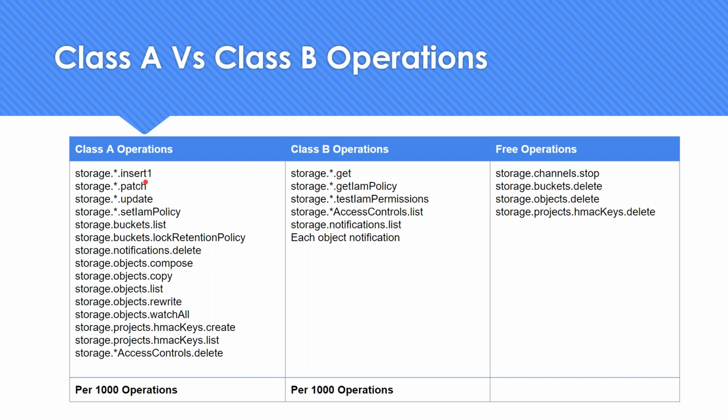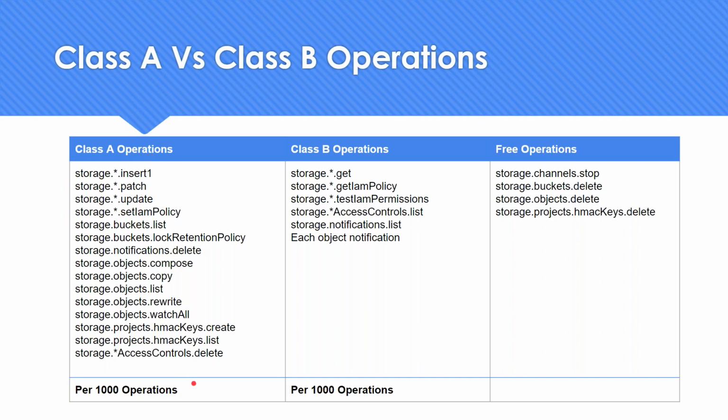So when you upload something, there's going to be a cost. That's an operational cost. Similarly, you have other operations, even listing your objects. If you have a bucket and there are say 10 or 20 objects, and you just look into it, it's storage.objects.list. This is the operation. There is a cost, and that cost falls under class A operations.